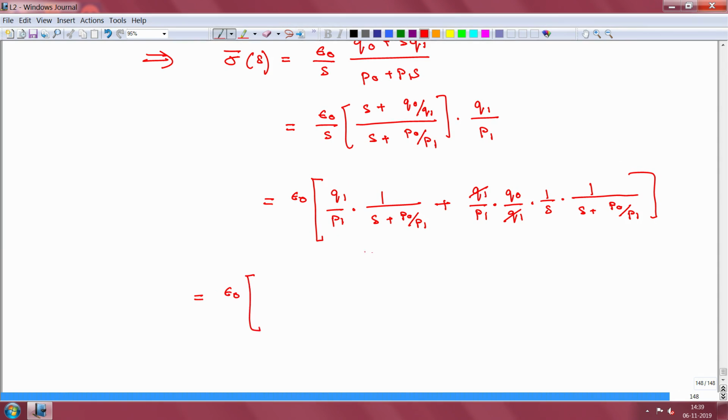So, this part I have already gotten in a form which I can easily take the Laplace inverse of. If you look at the tables of the general Laplace functions, you know that we can easily take the Laplace inverse of this, right. So, this first part we will leave as it is. We still have to simplify the last part a little bit before we can take the Laplace inverse.